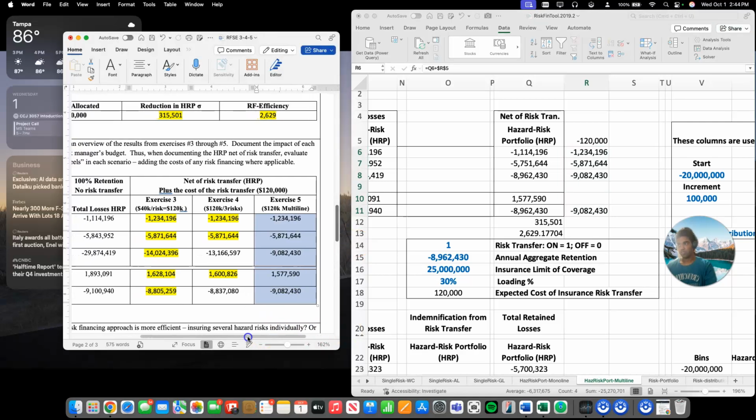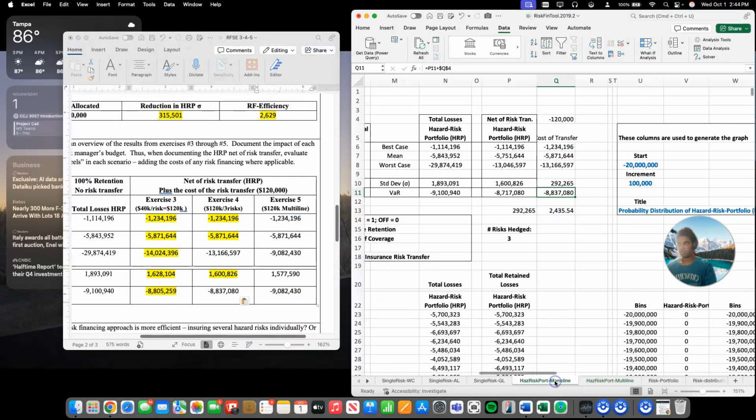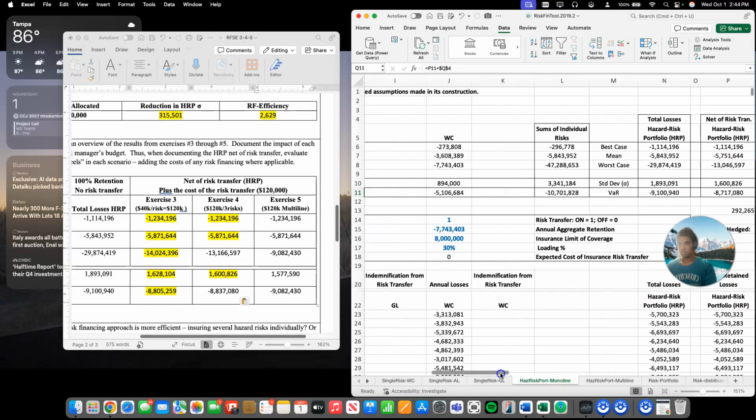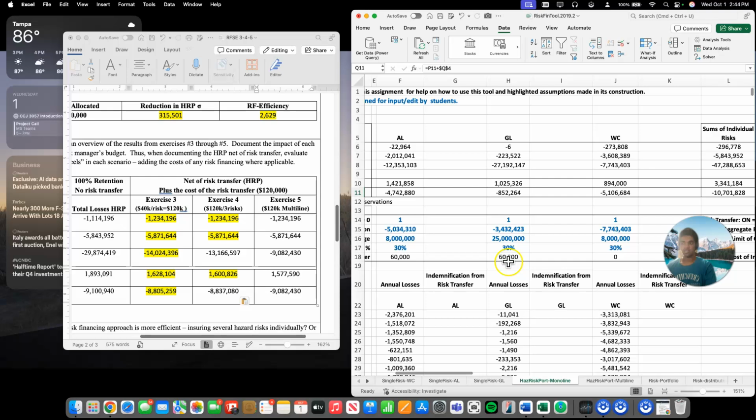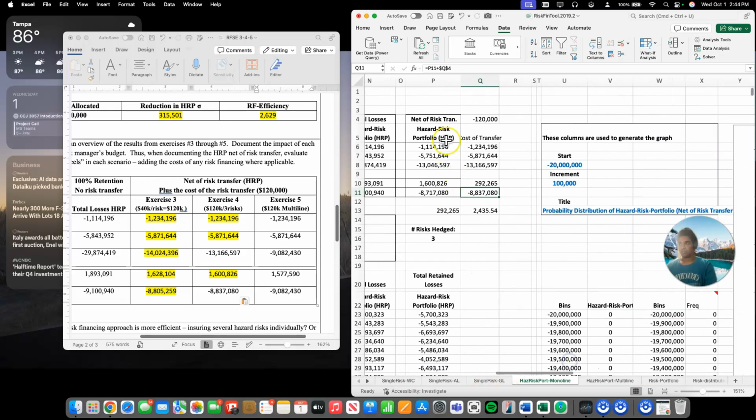Now, what you want to do is go to Multiline and do the exact same thing. We calculated an exercise for $60,000, $60,000, $0. And you're going to take these numbers on the right. You are not going to have these numbers, but I want you to calculate them. Take these numbers and add 120,000 to them. Do not touch standard deviation. See how this number is the exact same here.